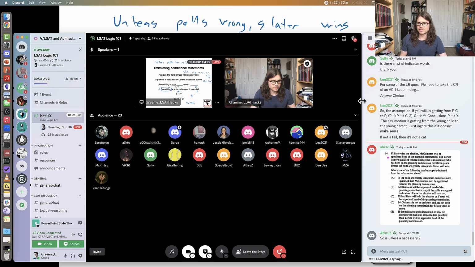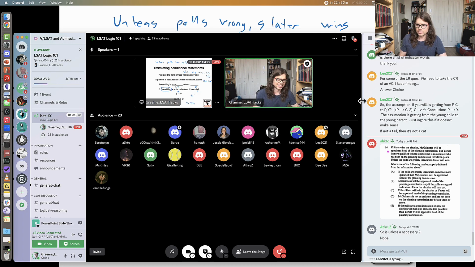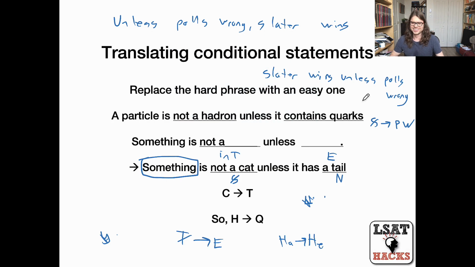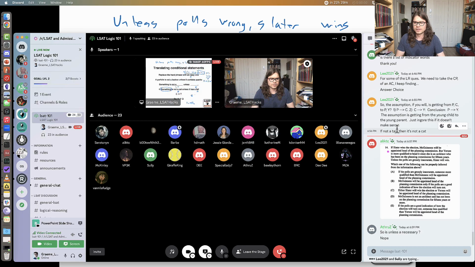Did that make sense? Okay. So this is our indicator. This is necessary. This is sufficient, but you negate it. So Slater wins. You put a not there and say if Slater does not win, then the polls were wrong.